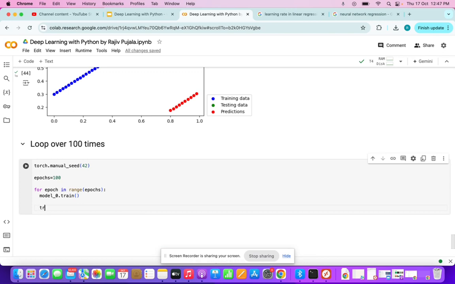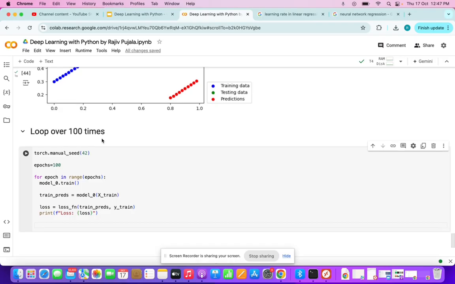Let's do the training predictions is equal to model 0 of x train, and calculate the loss with the loss function of train predictions and y train. And then optimizer dot zero grad.